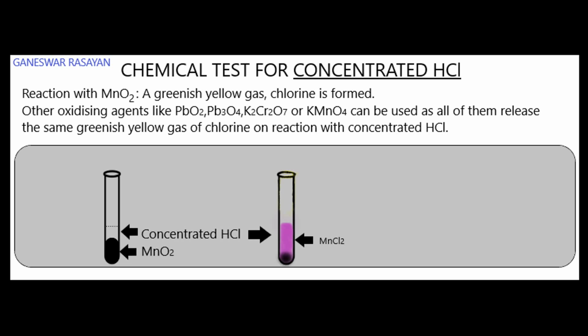The chemical test for concentrated hydrochloric acid is the reaction with manganese dioxide. On reaction, a greenish-yellow gas, chlorine, is formed. Other oxidizing agents like lead-2 oxide, red lead, potassium dichromate, or potassium permanganate can be used, as all of them release the same greenish-yellow gas of chlorine on reaction with concentrated hydrochloric acid.